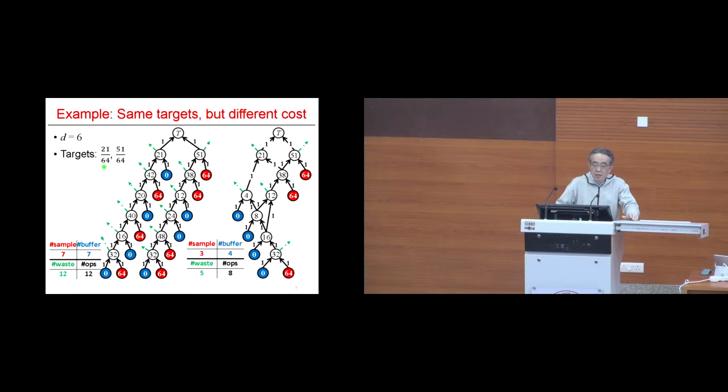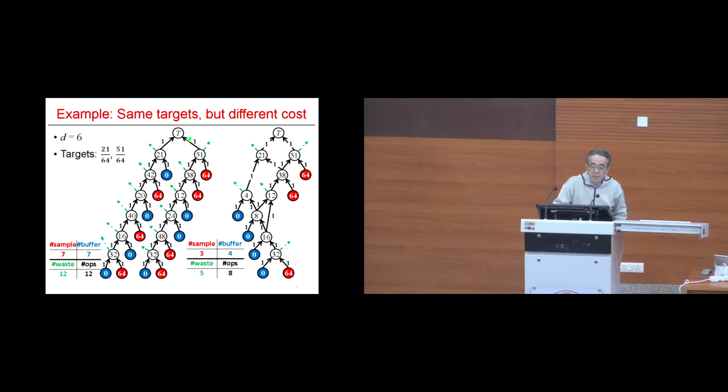But here we just omit these denominators. So for example, if we mix the 0 and the 64, then we have a half ratio, something like this. And this is a waste. So we have this 21 and 51, for example, eventually.